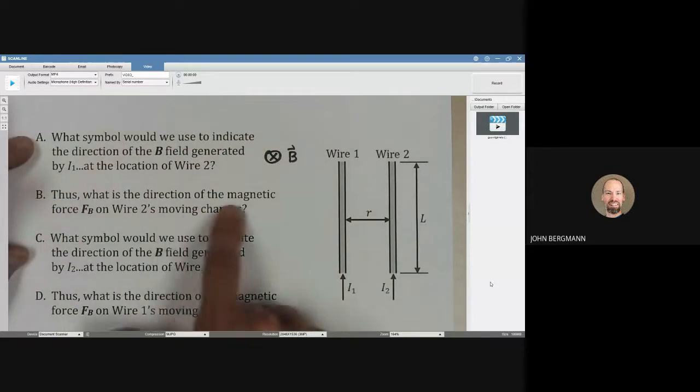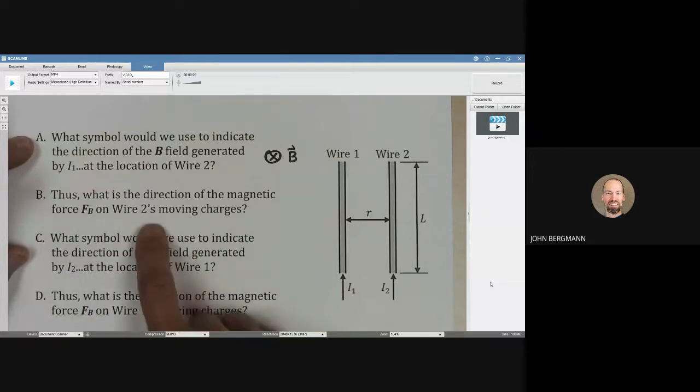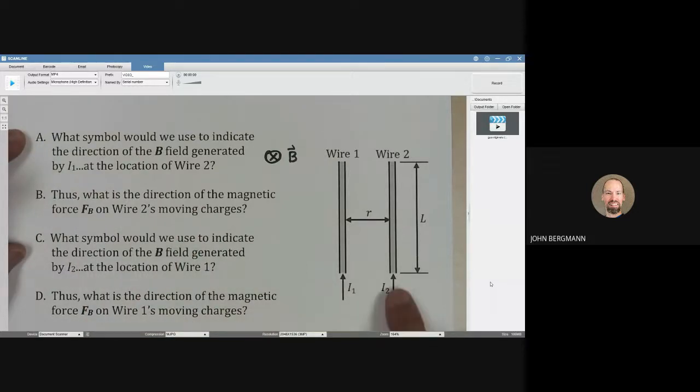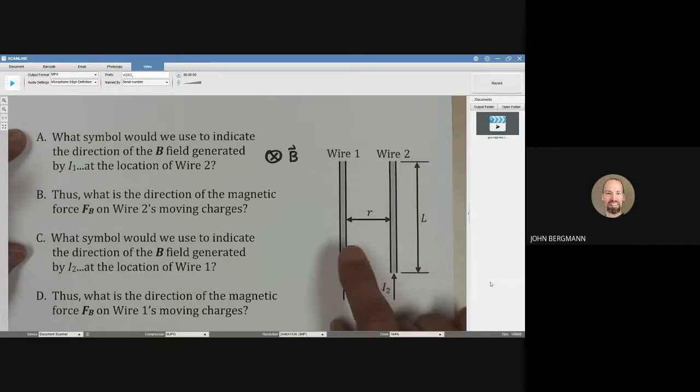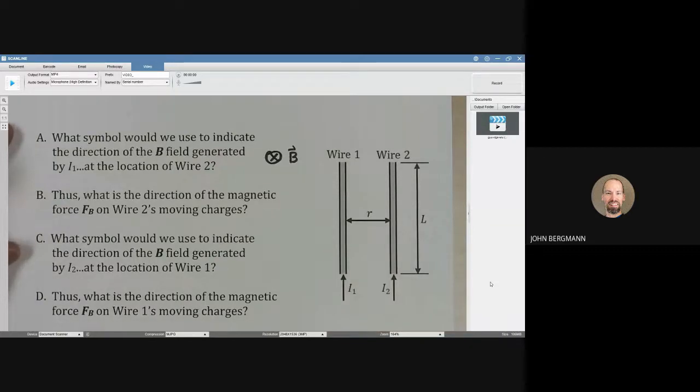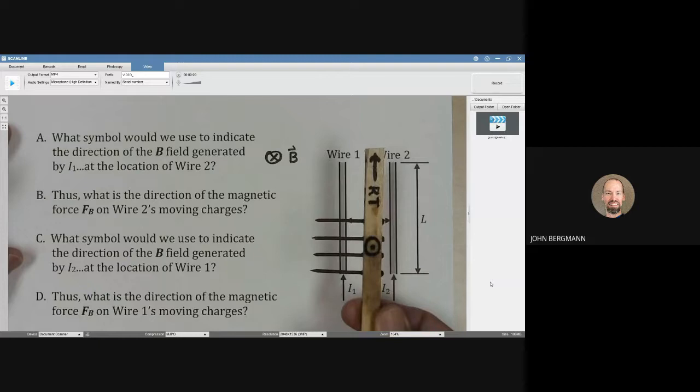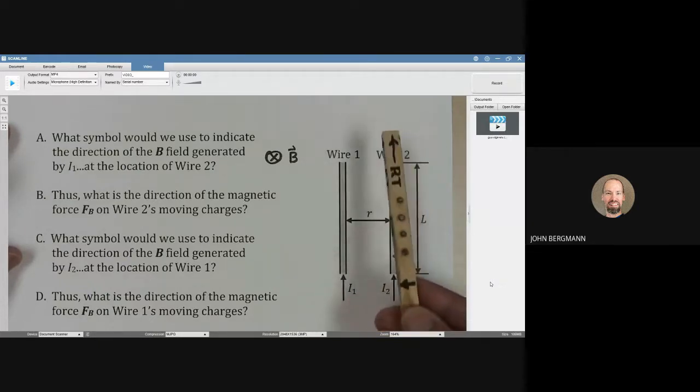Thus, what's the direction of the magnetic force on wire 2's moving charges? Wire 2 has some moving charges here, and those charges are moving through a magnetic field that was generated by these moving charges. Well, we've said that that magnetic field points into the page. And in what direction will there be a force on those charges?